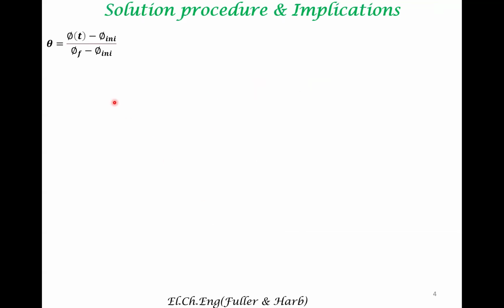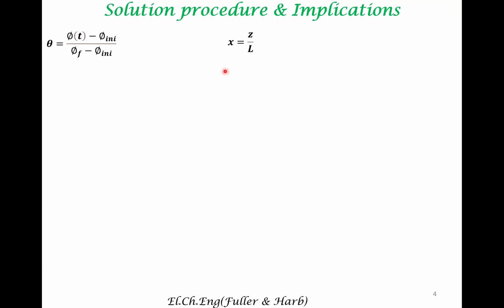So how do you non-dimensionalize the potential? We have an initial potential given by phi i, and you have a final potential phi f. And as the potential varies, that potential variation is indicated by phi as a function of t. This is the way to non-dimensionalize potential.